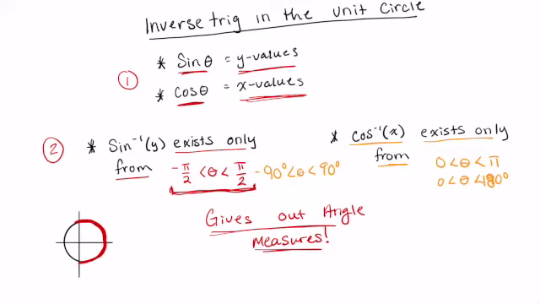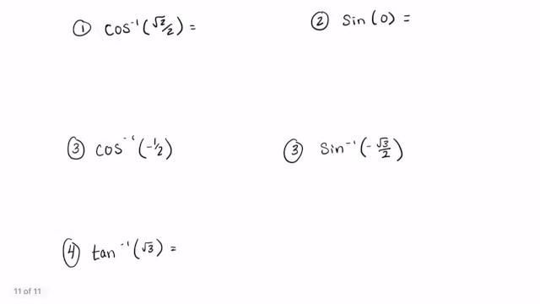So keep that in mind. With cosine, our values only exist if we are in these areas here. So with that in mind, let's jump into some of these examples.